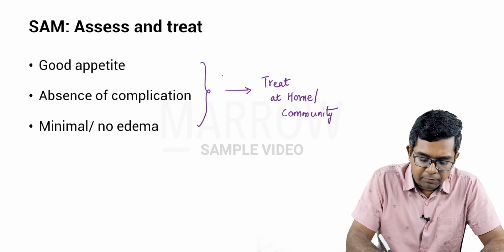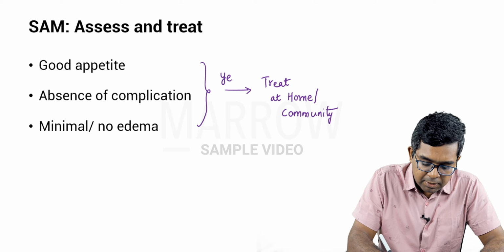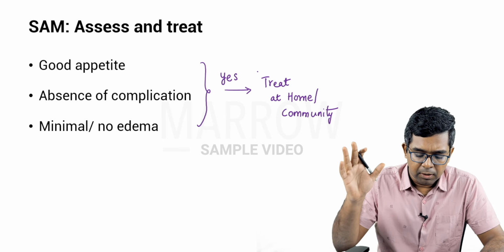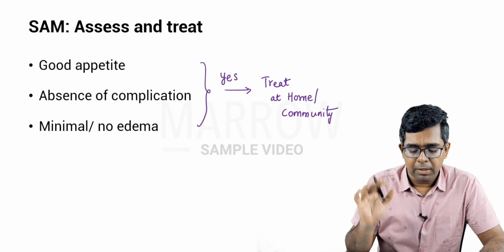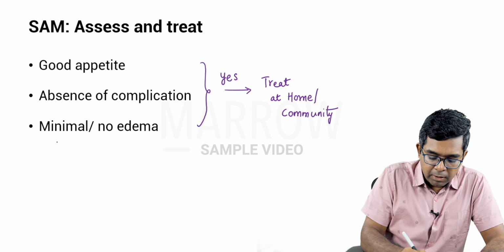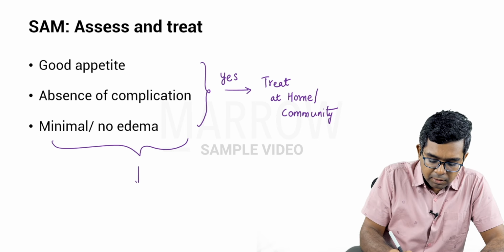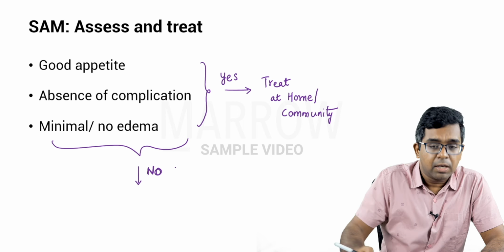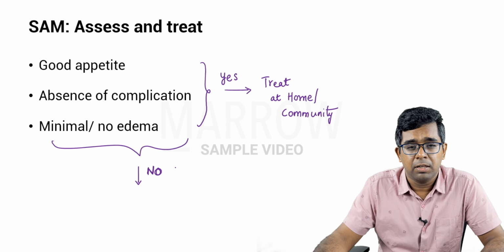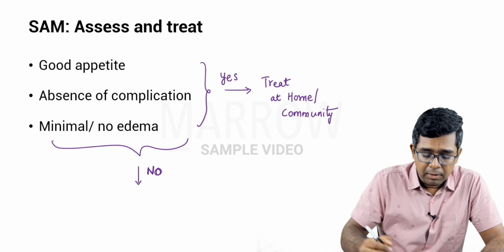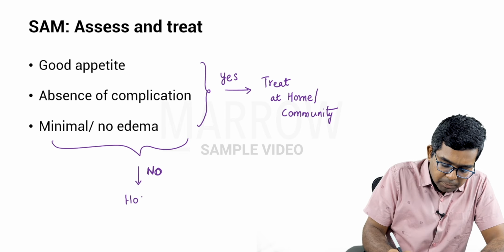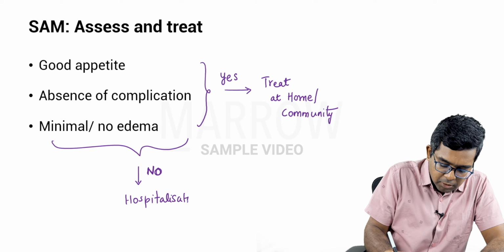If the answer to any of these questions is no, that means the child does not have a good appetite, or has complications or massive edema, then you have to hospitalize the child and follow the treatment.